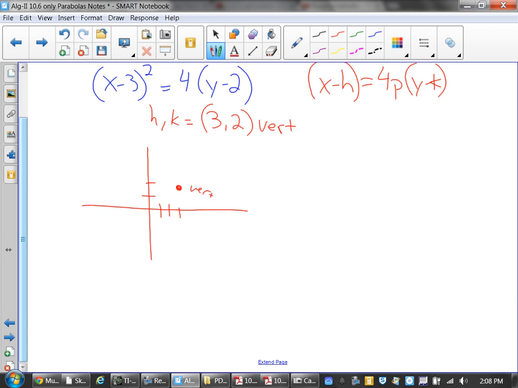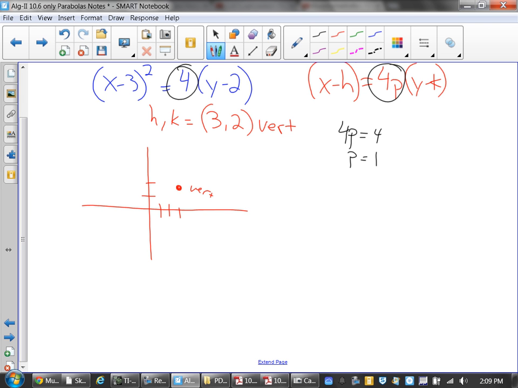All right. Now, we do the same thing like you did yesterday. You identify what your p-value is. You take the coefficient in front of the parentheses of the y values, and you set it equal to? No. 4p. Same thing like yesterday. We take this value and set it equal to 4p. So 4p has to equal 4. What's your value for p? P is 1.